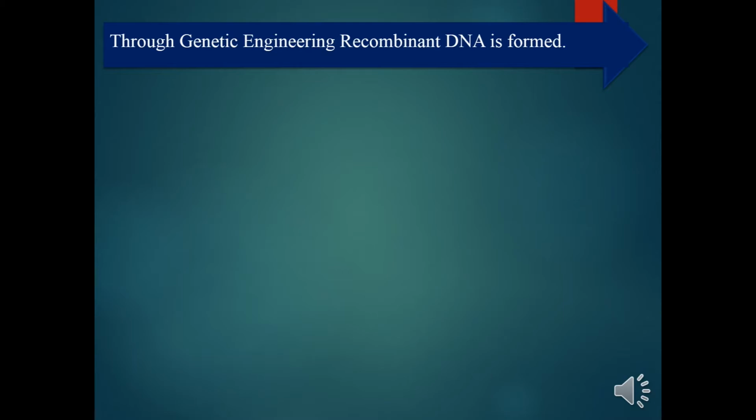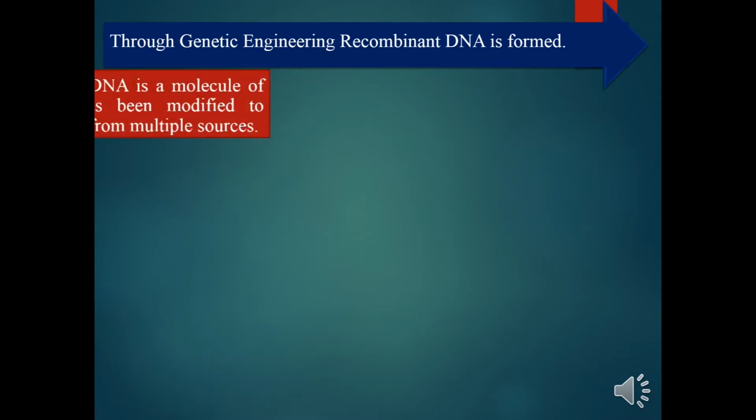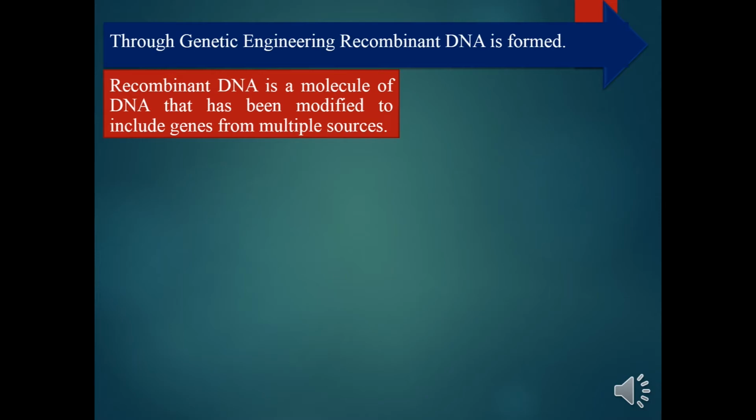Now, what is recombinant DNA? Recombinant DNA is a DNA molecule that has been modified to include genes from multiple sources. So, we can say that recombinant DNA is a modified DNA molecule with desired gene.